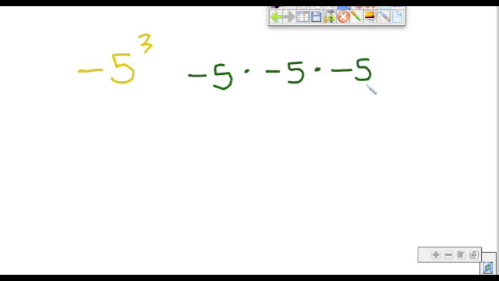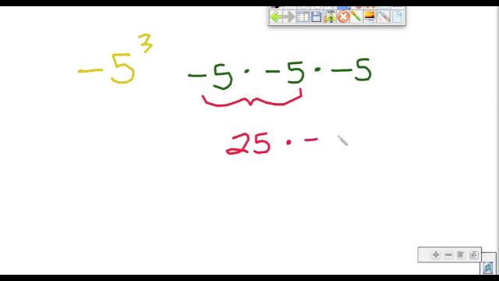All right. So let's try doing one like this. I'm going to write negative 5 three times. Negative 5 times negative 5 times negative 5. All right. Here we go. 5 times 5 is 25. A negative and a negative equals a positive.